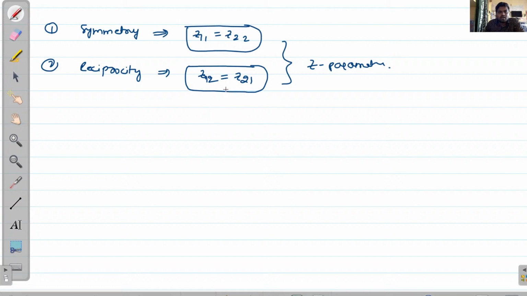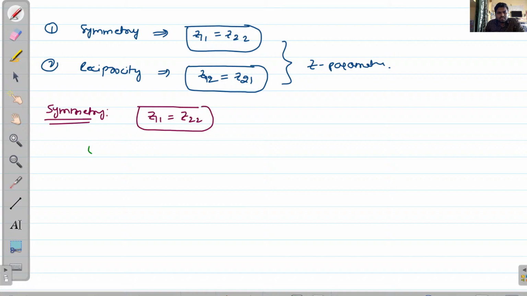Proofs are not required, but anyway I will go with the symmetry condition proof first. The condition is Z11 equals Z22.